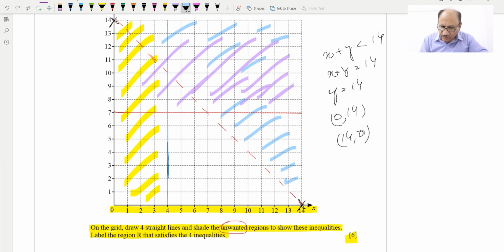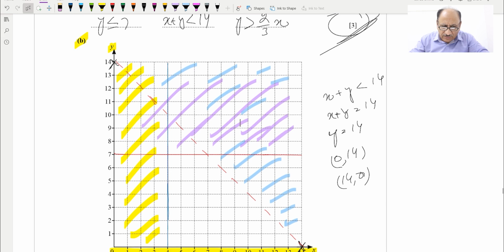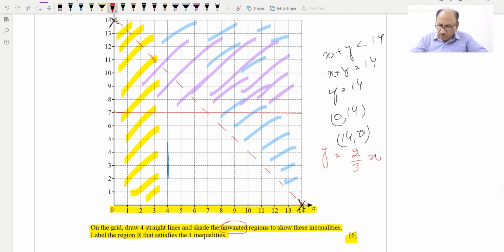Now the last line, which is y is greater than or equal to 2 by 3 x. So y is equal to 2 by 3 x we can take. When x is equal to 0, y will be equal to 0, so 1 point we can take is 0, 0. And when x is equal to 3, y will be equal to 2.